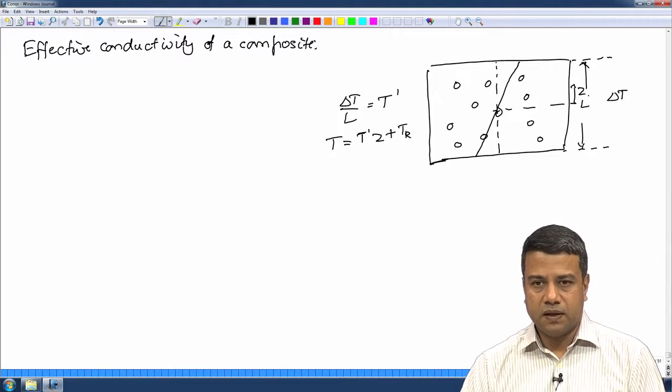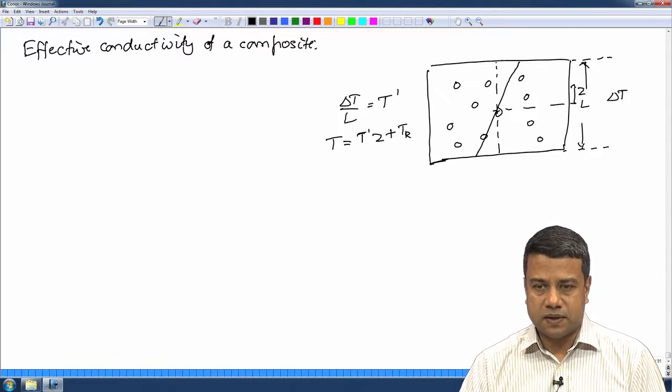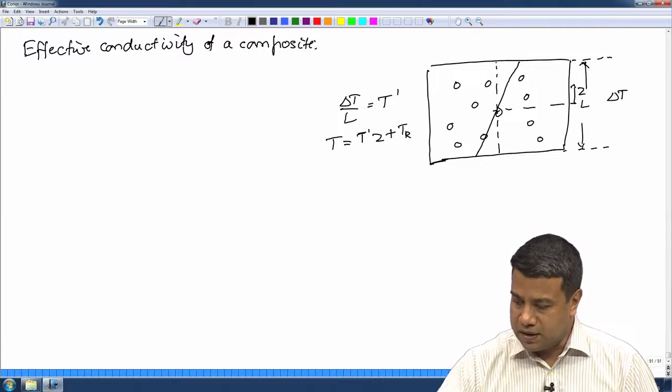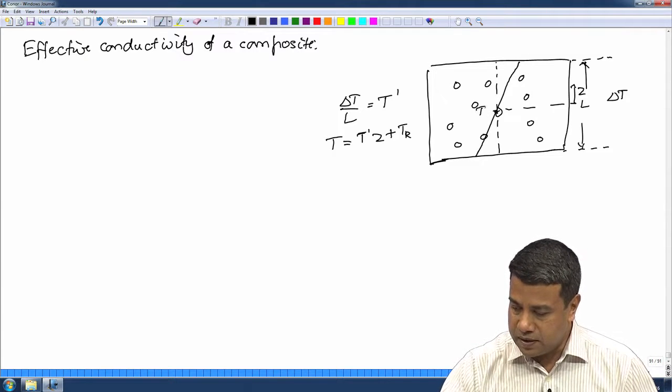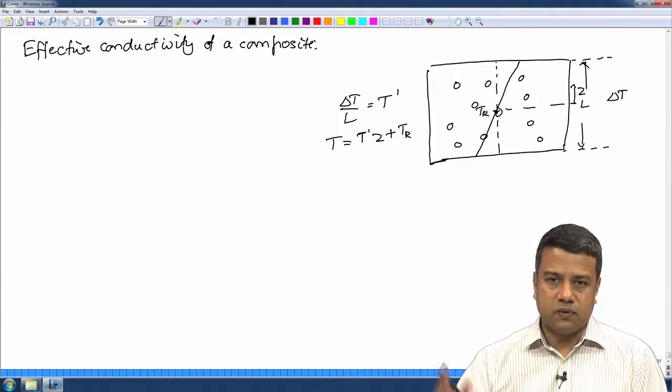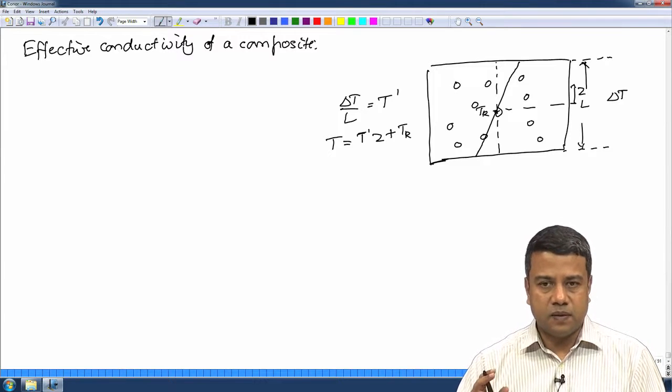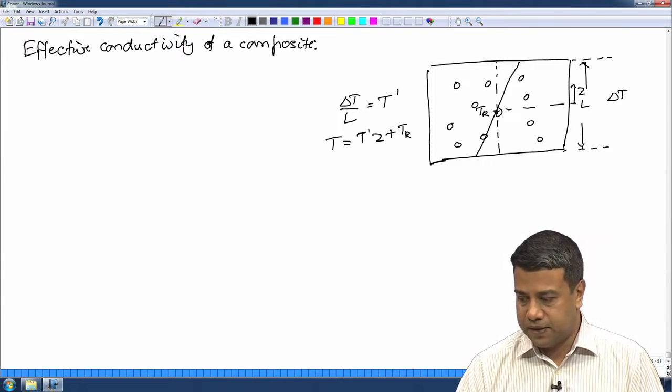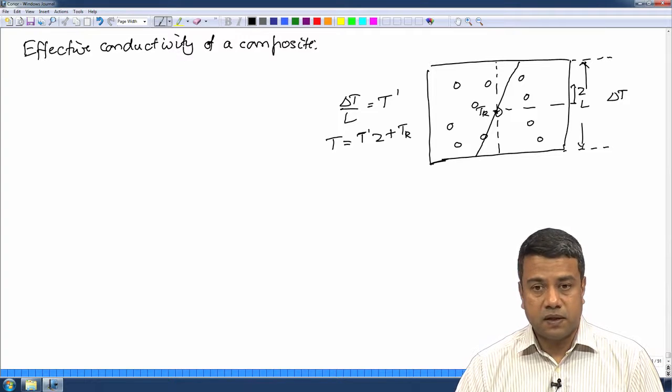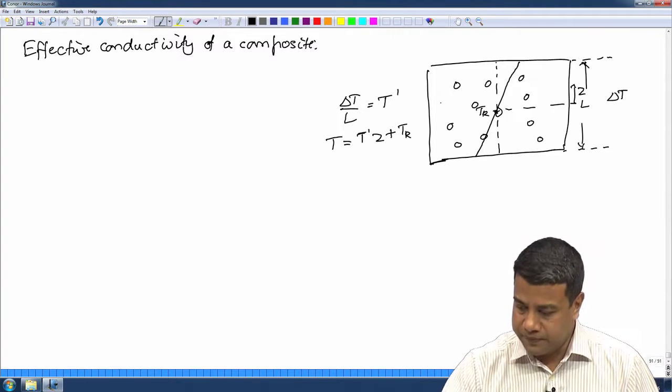If I place my reference at the location where the temperature passes through 0, the absolute temperature at this point is T r, and about this point there would be a linear variation if the material were homogeneous. However, the material is not homogeneous.